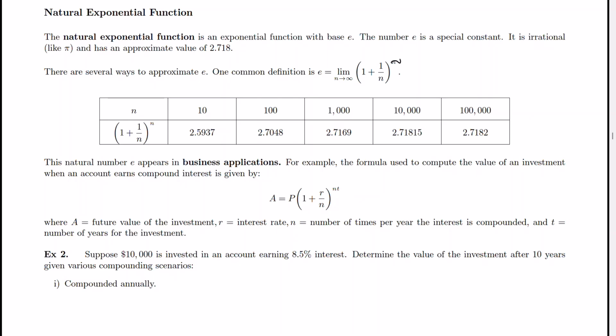If you eventually plug in infinity, which we can't really do because infinity does not exist, it's an idea. Basically, it's saying plug in really massive numbers. But as you do that, you'll start to notice that the number converges to this value, 2.7182. So for our intents and purposes, you could just remember that it's 2.71.